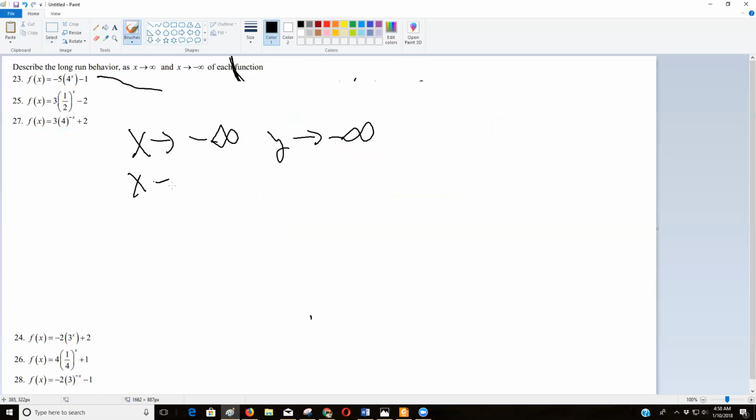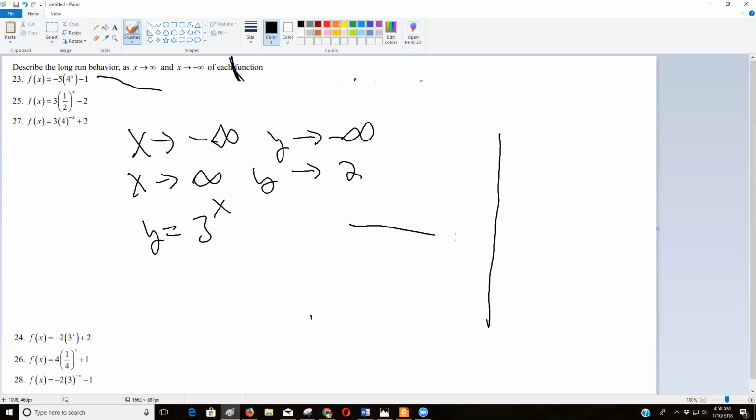As x approaches positive infinity, y approaches 2. And it's a transformation of the equation y equals 3 to the x. So let's think about what's happening here. I know it's got a horizontal asymptote of y equals 2 because as I go out to infinity, y is going to approach positive 2.